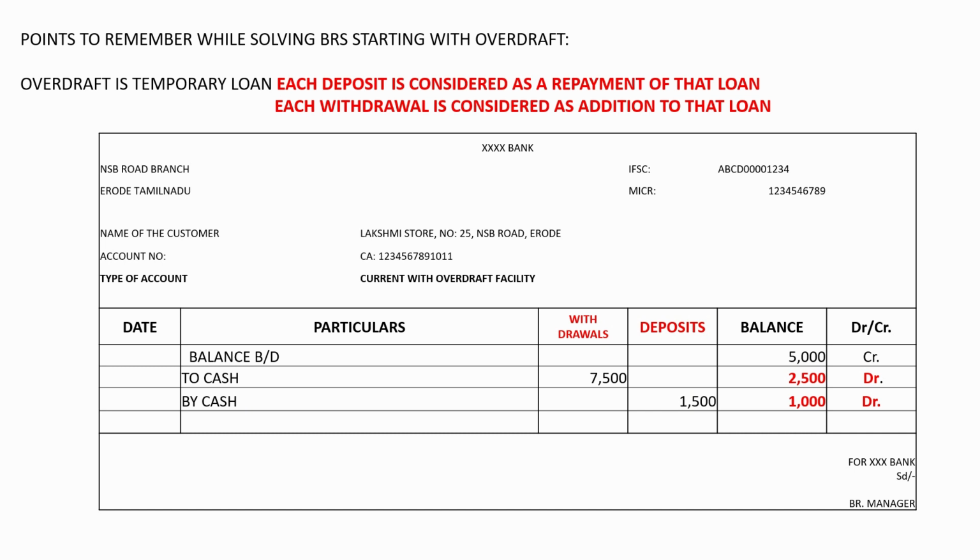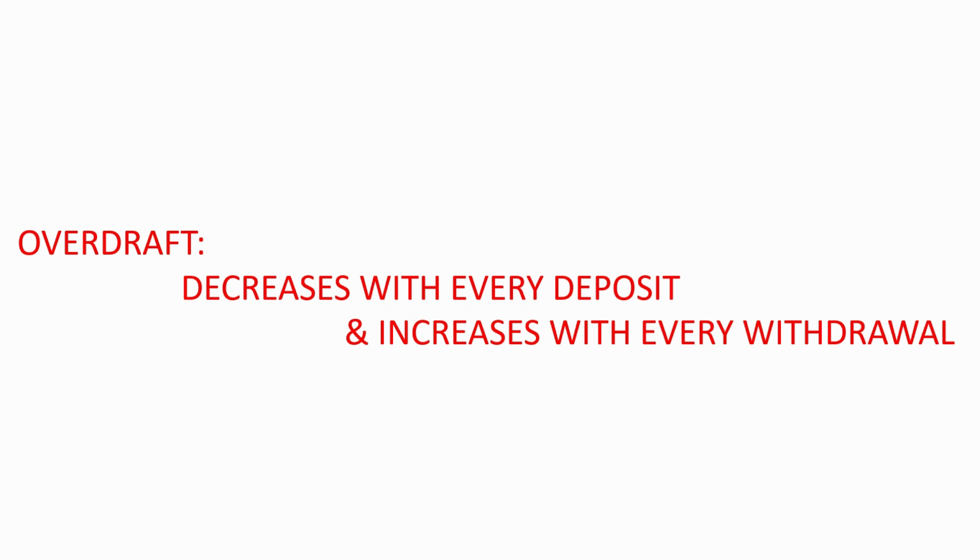Every deposit decreases the overdraft, and each withdrawal is considered as an addition to that particular loan. In short, overdraft decreases with every deposit, whether it is a cash deposit or you are depositing check or a direct deposit by a customer, direct collection by the banker for us. In each and every transaction, wherever there is a deposit, overdraft will decrease.